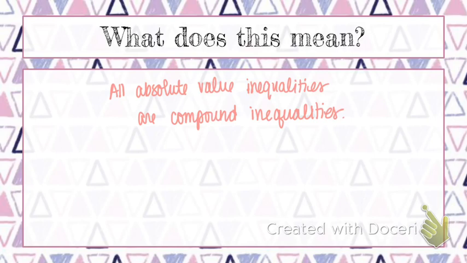And we saw that if we have absolute value of x is greater than or equal to some number a, then that is going to give us an OR inequality. Those are the ones that we have to use a union symbol for, and they look like two separate things on our number line, okay?